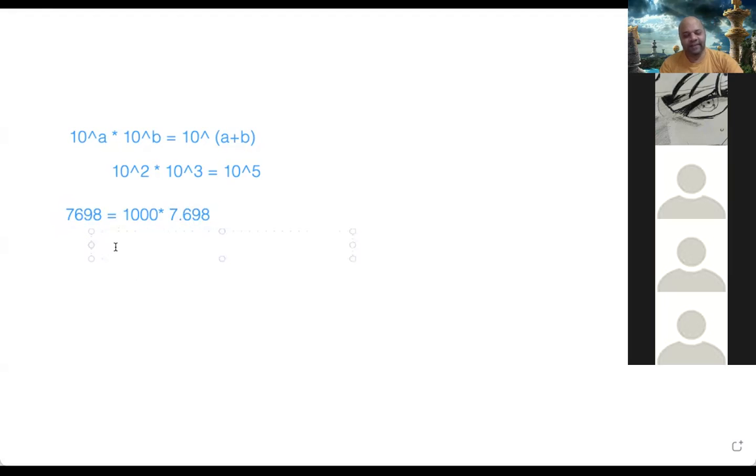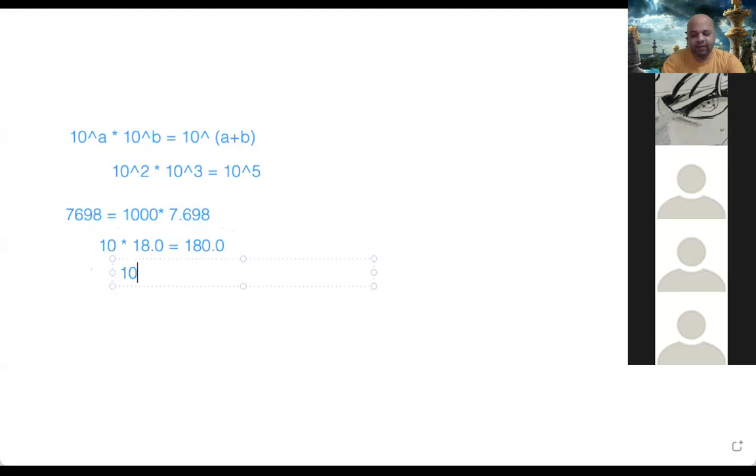So for example, 10 multiplied by 18.0 is equal to, you shift the decimal point 1 to the right, 180.0, right?